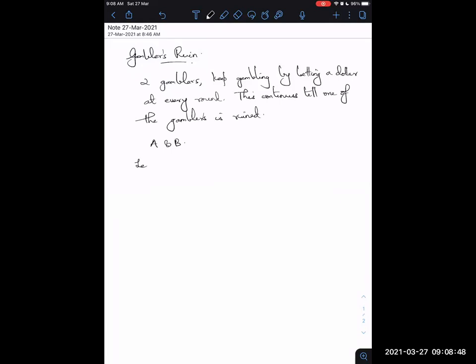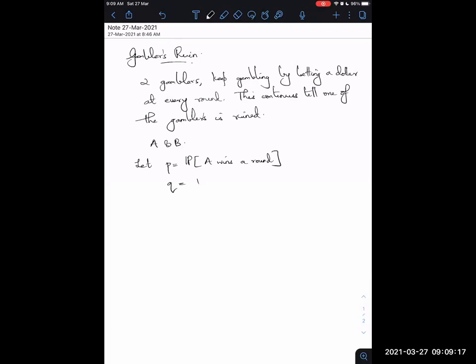Let P be the probability that A wins a round, and each round is independent. Other than the money reducing or increasing, what happens in every round is independent of the previous round.